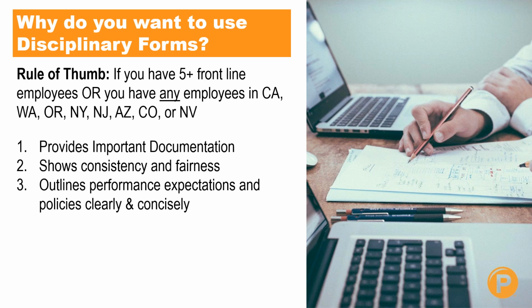Now, the next reason is that these documents, once completed, outline performance expectations and policies both clearly and concisely. So this helps us to avoid the "I didn't know" paradigm that happens from time to time. Now, again, going back to the burden of proof being on employers, you have to prove that the employee was made aware of what was expected of them, so they can't say, "Well, I didn't know this was expected of me. That's not fair."